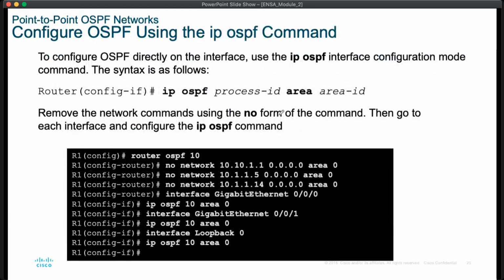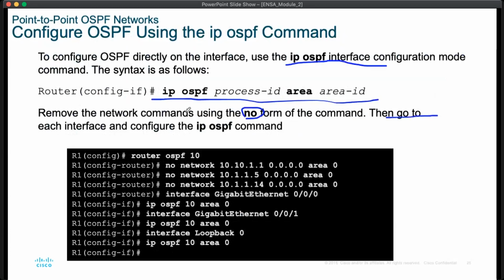Configure OSPF using the ip ospf command. To configure OSPF directly on the interface, use the ip ospf interface configuration mode command. So here are the following commands. Remove the network command using the no form of the command. If you want to delete, or there is some error, you can use no. In Cisco commands, you just use no in order to delete.